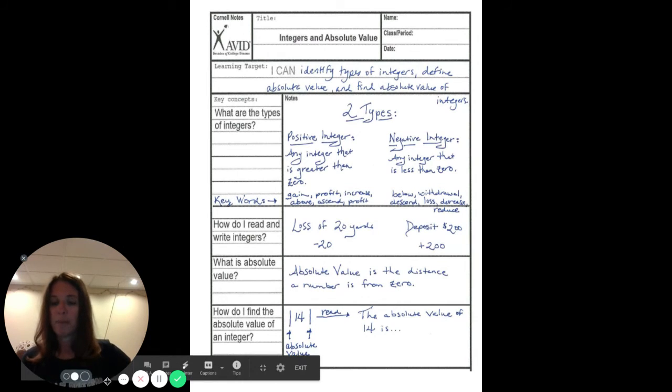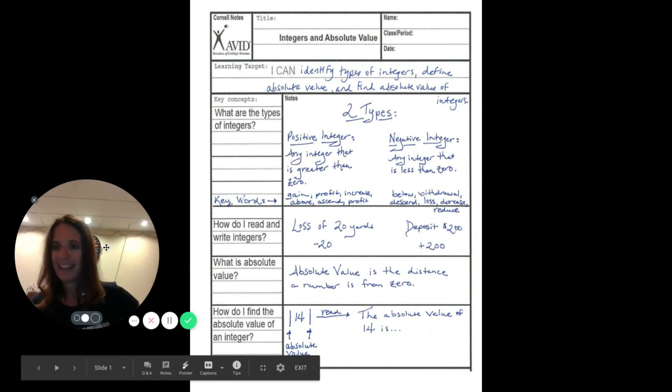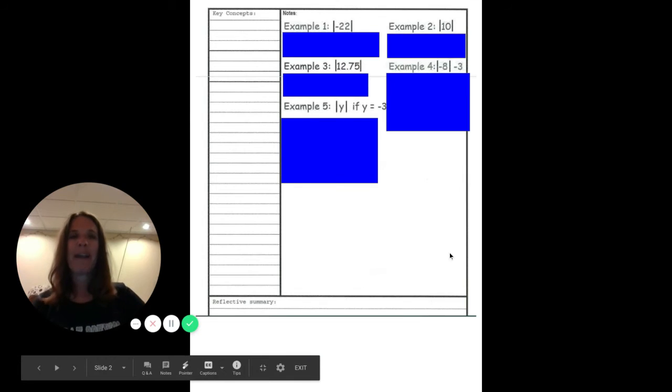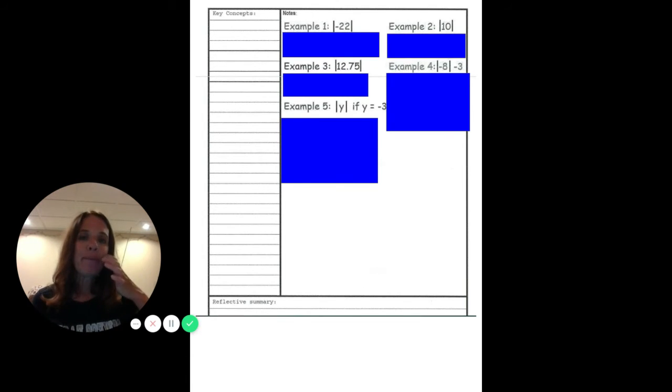All right, let's do some more practice. Okay, so we're going to read it, and then we're going to answer it. So example 1, you would read that as the absolute value of negative 22.